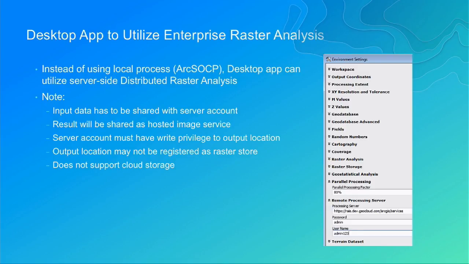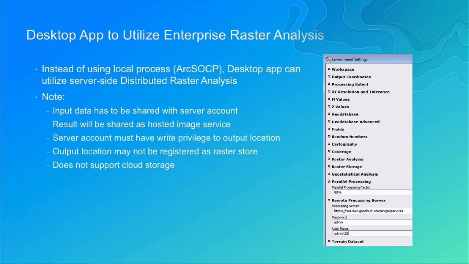But since we are promoting people to move away from desktop to ArcGIS Pro, essentially I would still recommend you look at the configuration for the Pro client. So basically, we still have this ability for you to call the raster analysis service in the ArcGIS ArcMap desktop app.